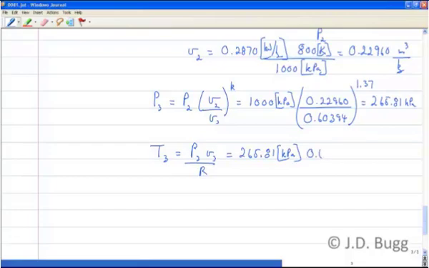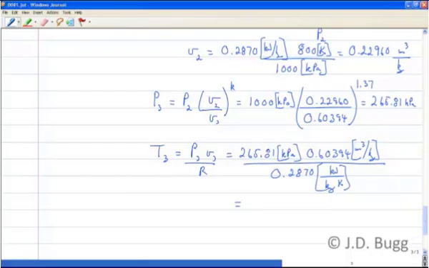V3 is the 0.60394 meters cubed per kilogram. And the gas constant, 0.2870 kilojoules per kilogram Kelvin. All of that gives a T3 of 559.35 Kelvin.